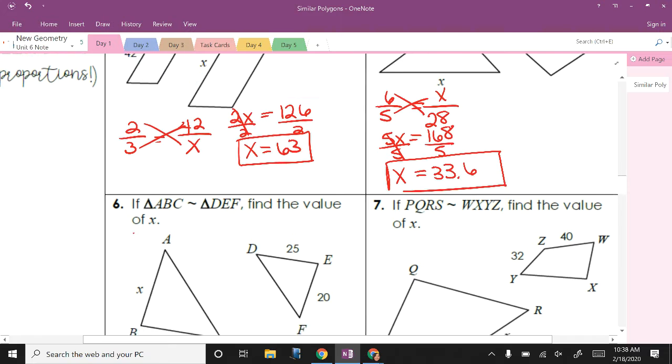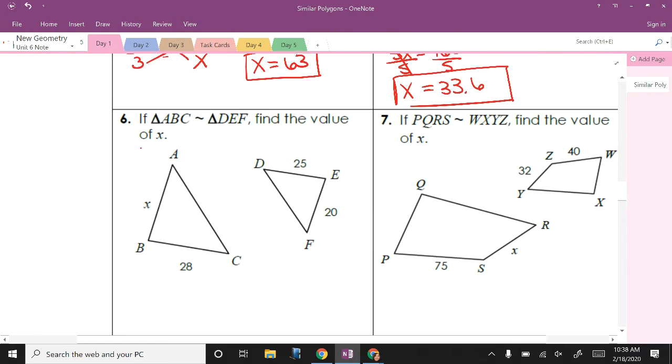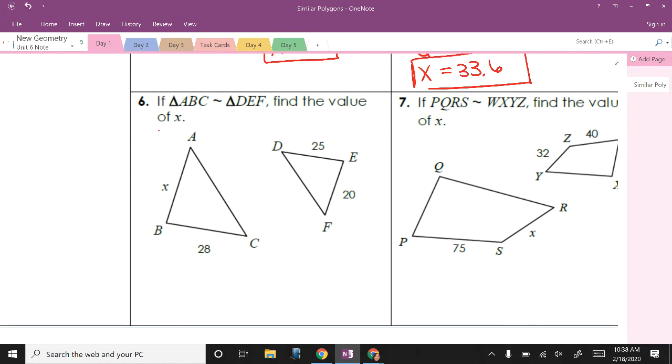Okay. Look at number 6, a little bit different setup. This time they did not tell me a scale factor, did they? No. But they gave me a similarity statement. To me, that's even better. Okay? They told me which side is proportional to which side.